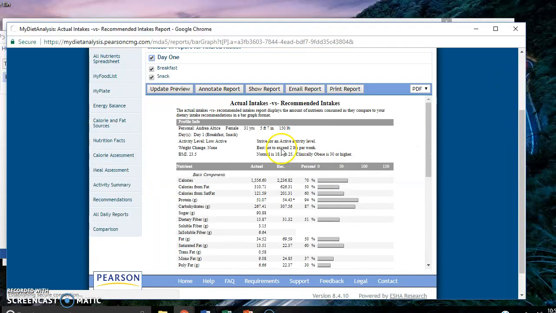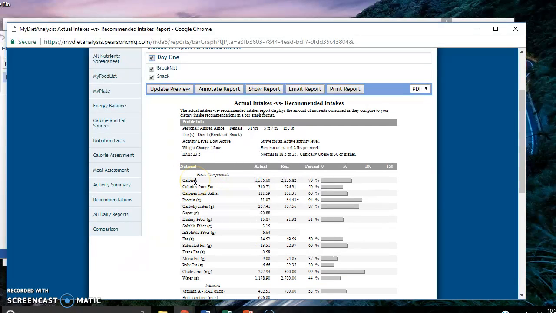And so you go to where the calories are, which is the first one right here. And here's the actual 1,556 and the recommended 2,236. Okay, so that is the information that you're looking at to find that answer.